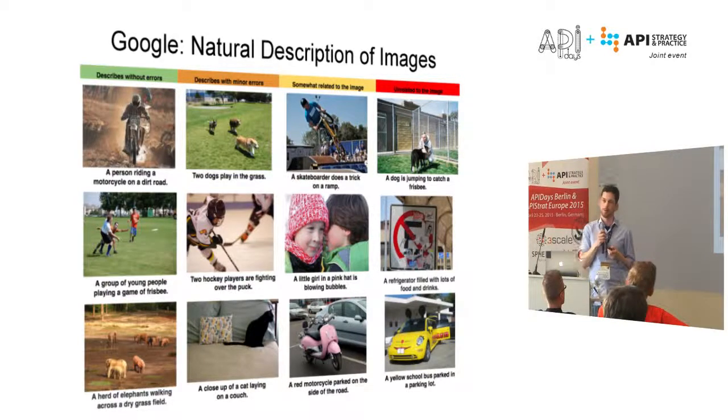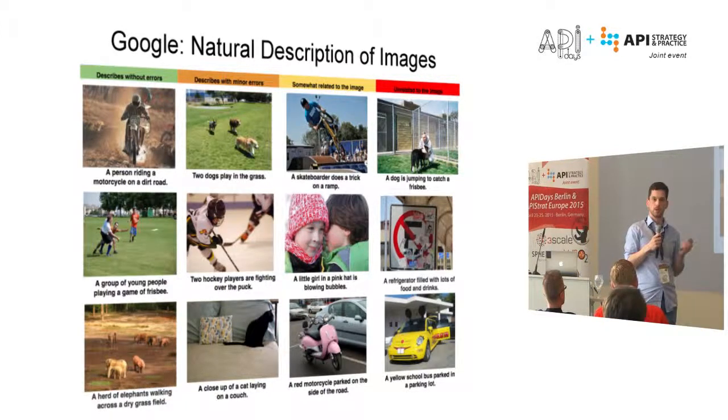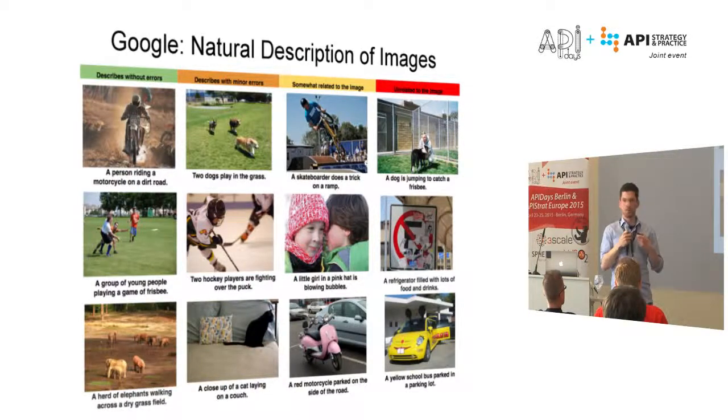There even is a paper that appeared a couple of weeks ago where people claim that we now reached superhuman recognition on these types of images. So now we can send an image to an API, to a machine, and it will return a description of that image. So we don't need humans to look at these images anymore.